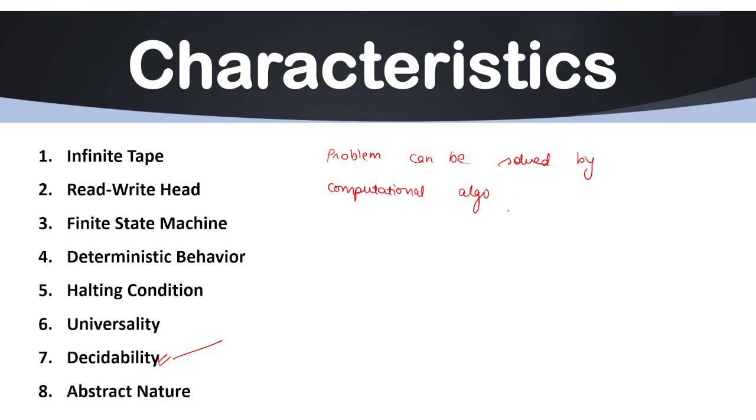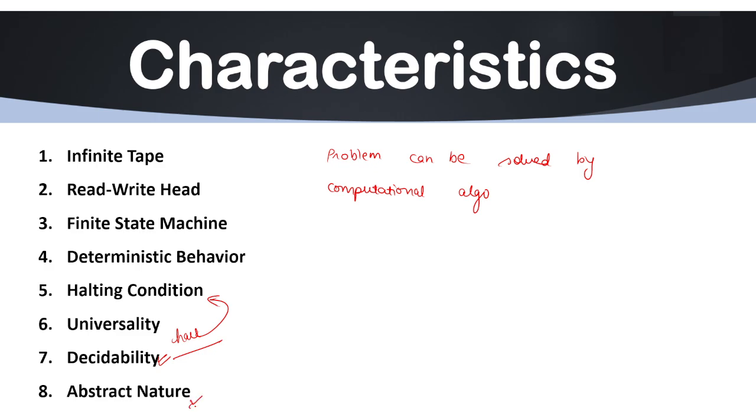Some problems are decidable, meaning they can be solved by a Turing machine in a finite number of steps, while some problems are undecidable, like the halting problem. Halting problem is an undecidable problem and other problems are decidable problems. Undecidable problem means no algorithm can determine the solution for all possible inputs. That is the undecidable problem.